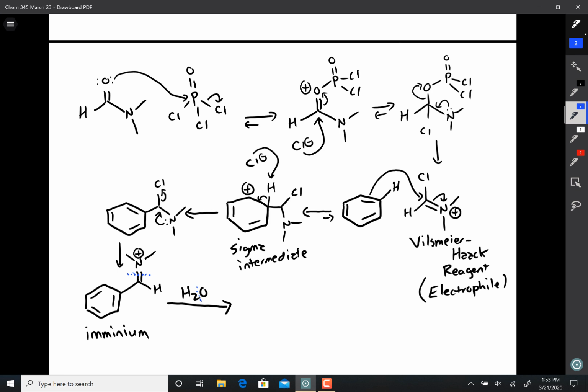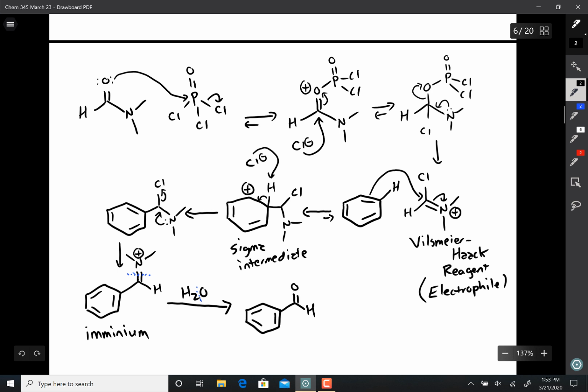And you cut off the double bond to the nitrogen, cut off the two H's off the O. This mechanism is just imine hydrolysis.